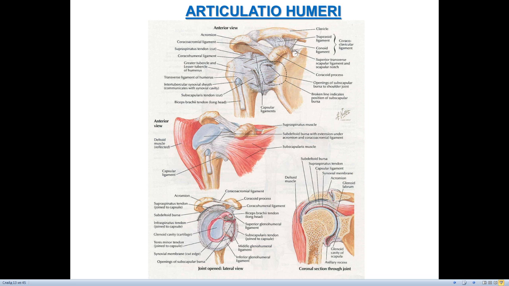They are subdeltoid, subacromial, subscapular, subcoracoid.